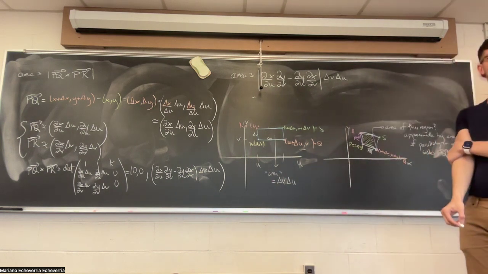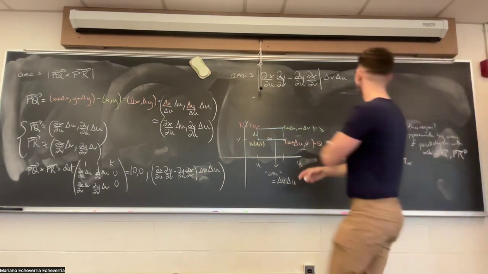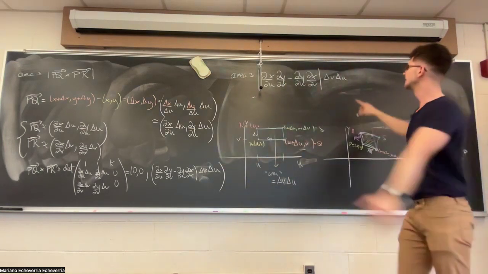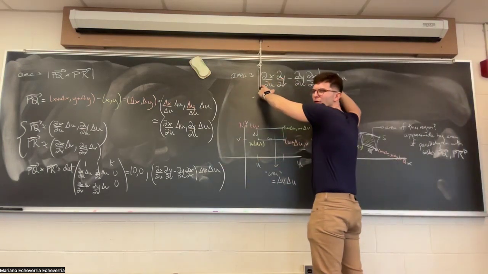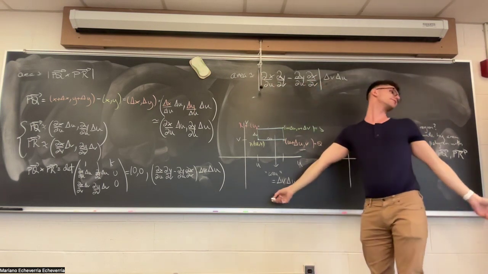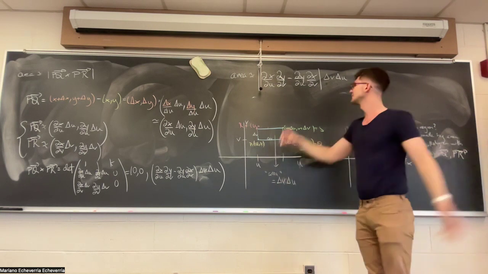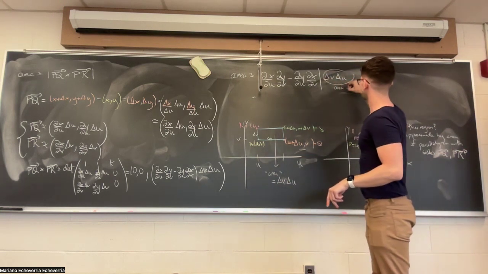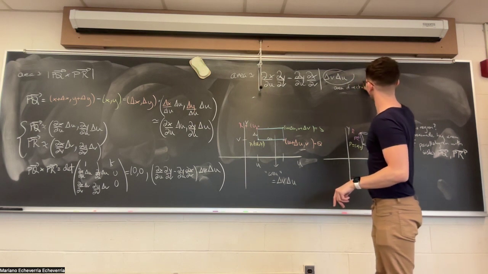Okay. And what's nice about this is that the formula for the true area is a quantity times the area in the UV plane, the area of the rectangle in the UV plane.